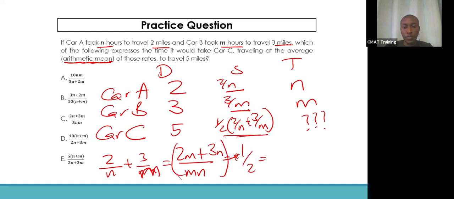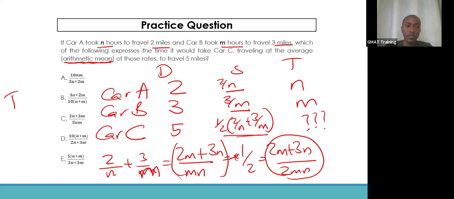So that's 2m plus 3n all over 2mn. So this is the average of the rates of car A and car B, also the speed of car C. Okay. Now asked about the time. Make t the subject of the formula, we can have d over s.